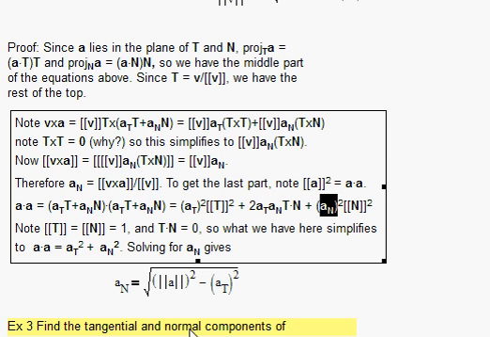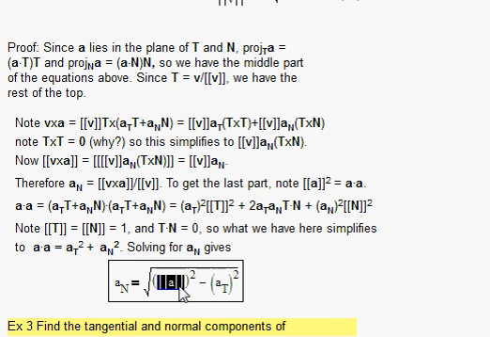So therefore a_n, the normal component, and since we have this, if we solved it for a_n, you'd get this. Don't forget that a dot a is the length of vector a squared. Whew! I hope I'm done. I hope it made sense.